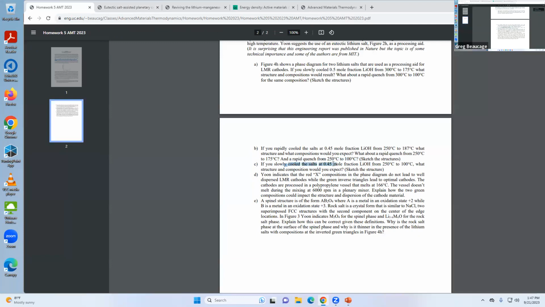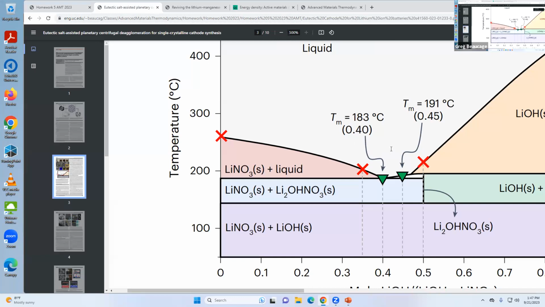Is this another one? If you slowly cooled to 100, what structure would happen? So this is where things can get tricky, so it's 45%. So you're slowly cooling, then you get the precipitate forming in the liquid, and the liquid phase itself, which has a composition of that. So when you phase separate that thing, you have mostly liquid, so the precipitate will settle out at the bottom.